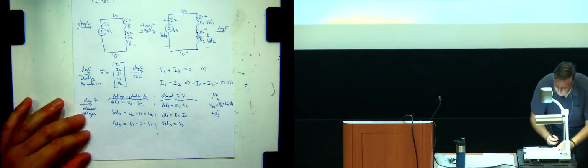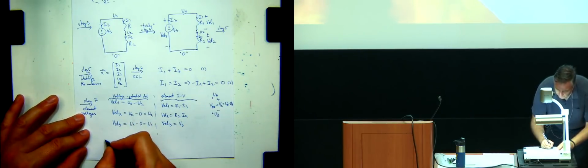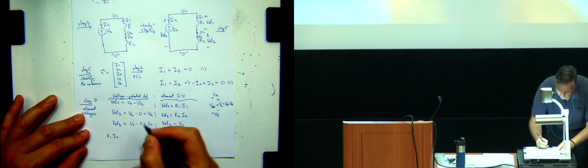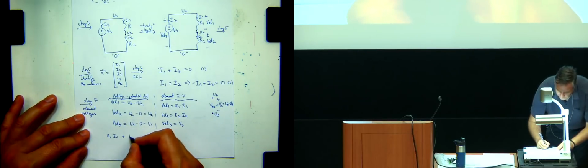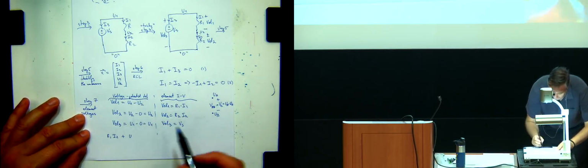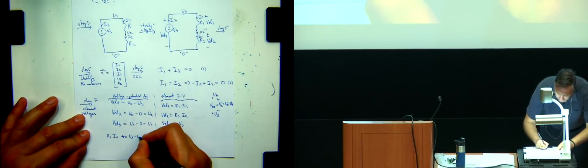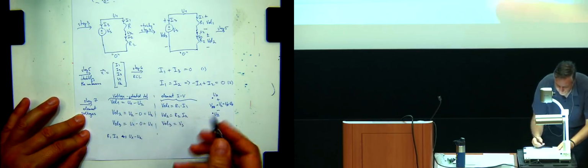So let's do that. From the first one, we can write R1 I1 equals U1 minus U2, because V element 1 is on both sides.